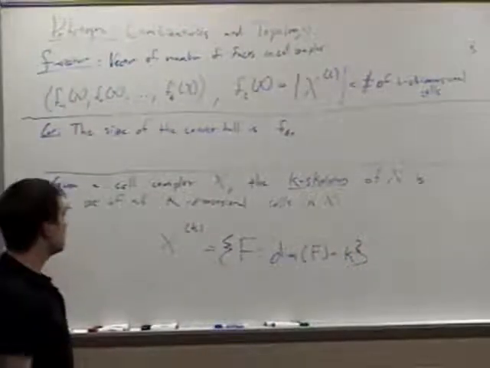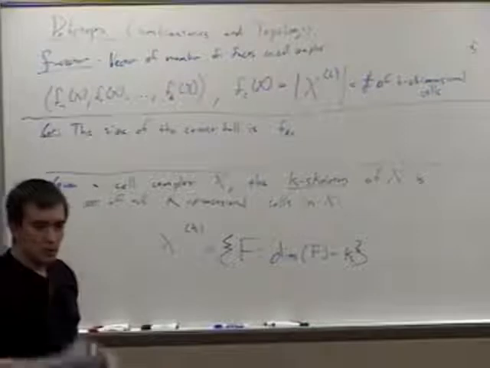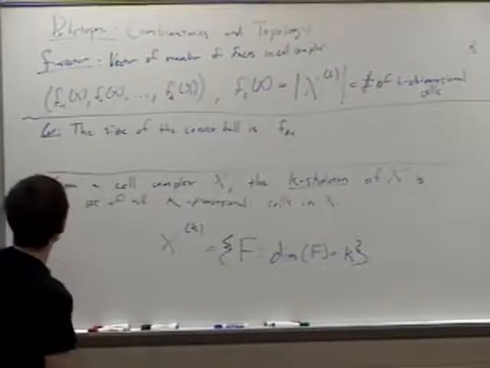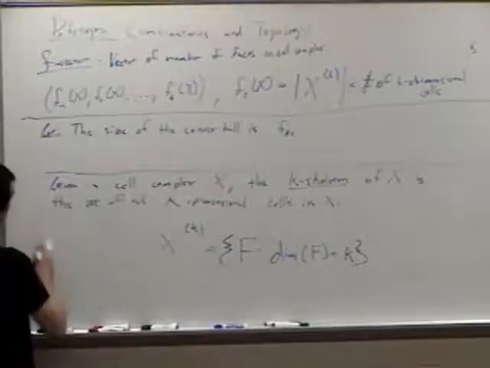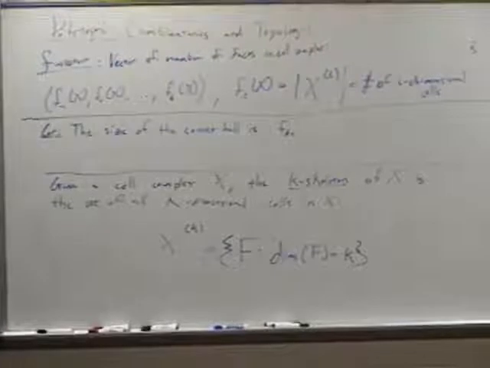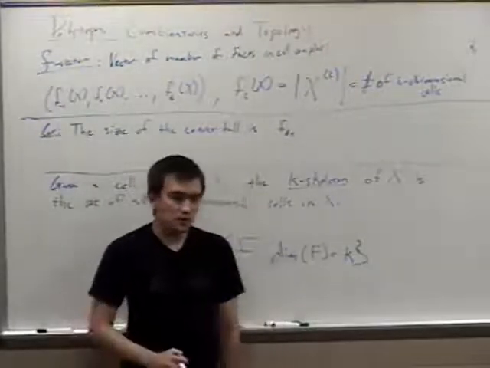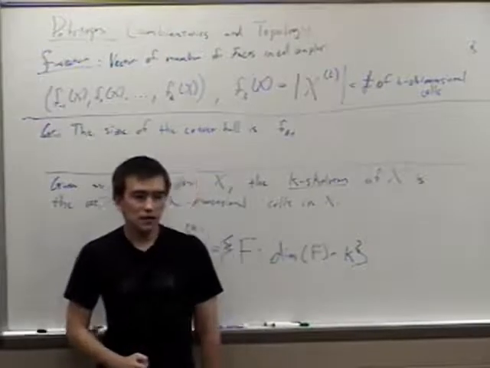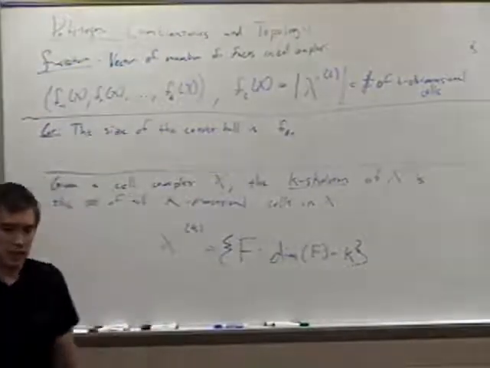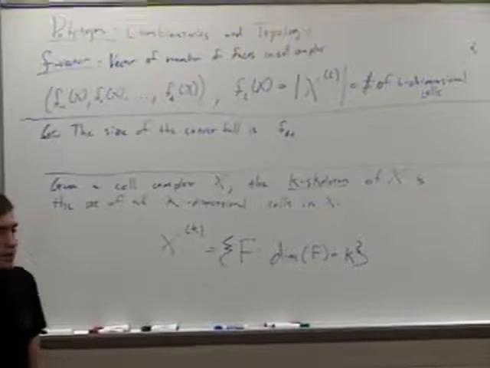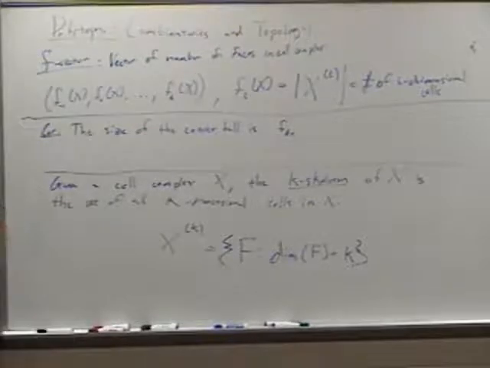Because that's basically the number of facets that we're going to end up with at the end of the day. So if we can find some way to express f sub d minus 1 in terms of f sub 0, right, then that will give us a good way to estimate the size of a convex hull in high dimensions. And that's the goal that we're going to try to work on for now, for a little bit.